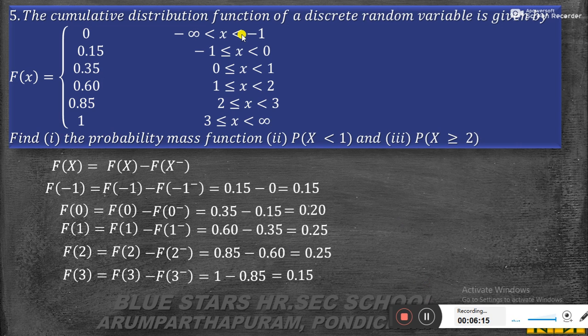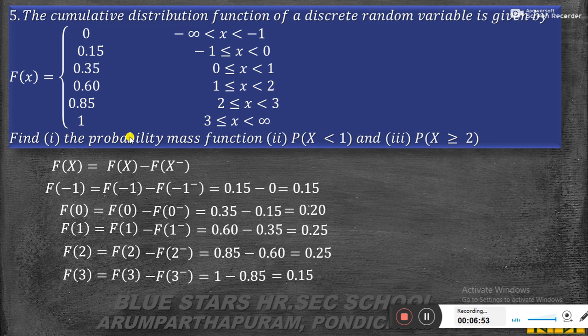So now we discuss the fifth problem. The cumulative distribution function of a discrete random variable is given by f of x equal to 0 for minus infinity less than x less than minus 1, 0.15 for minus 1 less than or equal to x less than 0, 0.35 for 0 less than or equal to x less than 1, 0.60 for 1 less than or equal to x less than 2, 0.85 for 2 less than or equal to x less than 3, and 1 for 3 less than or equal to x less than 8.